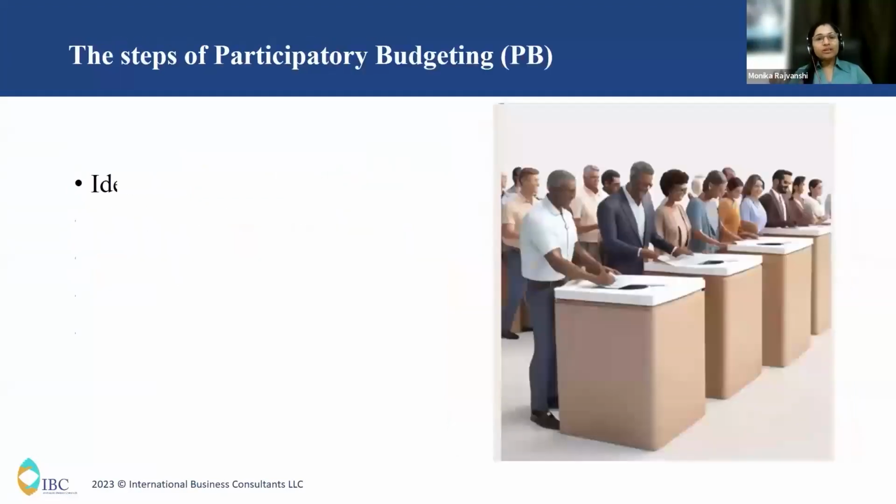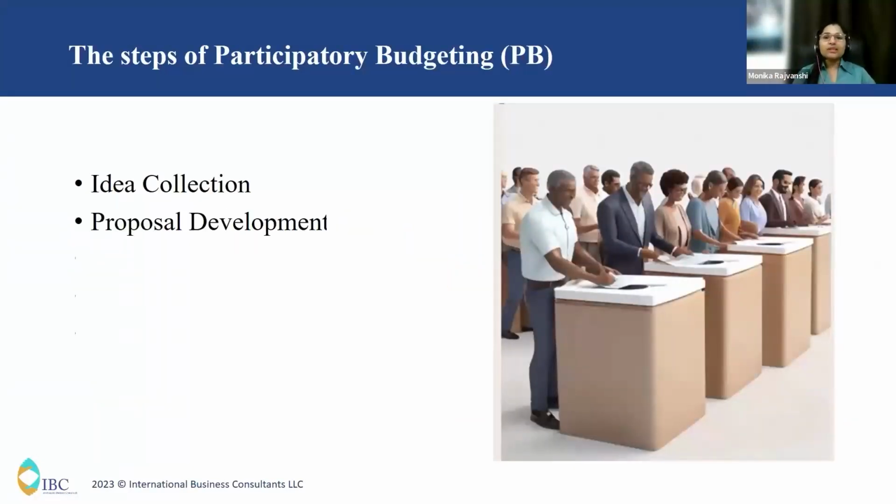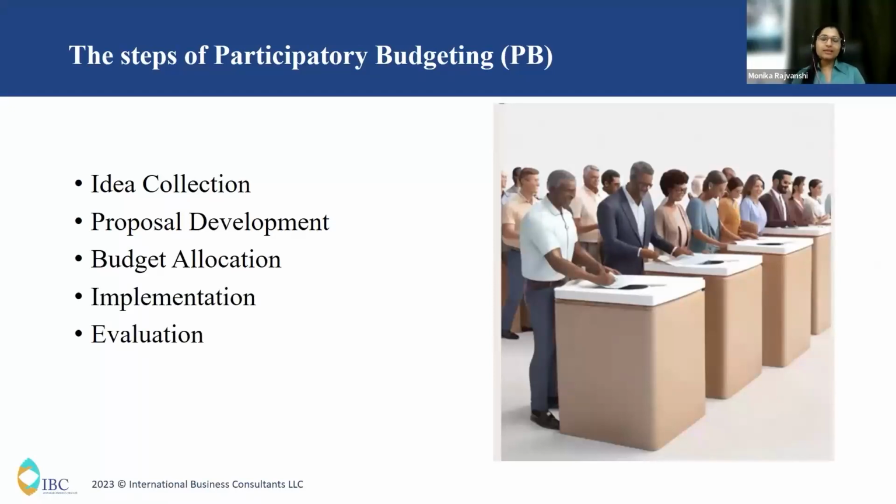Now, if we talk about participatory budgeting on a community basis, there are 5 steps we follow. Firstly, we collect ideas. All the citizens submit their proposals for community projects and initiatives. On the basis of these proposals, we do the voting.